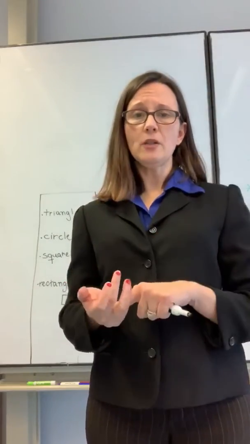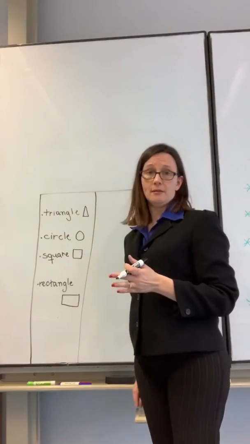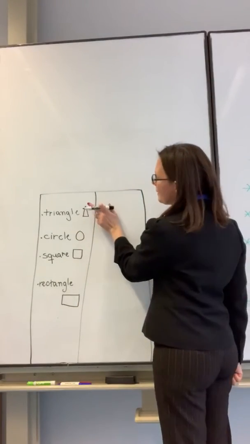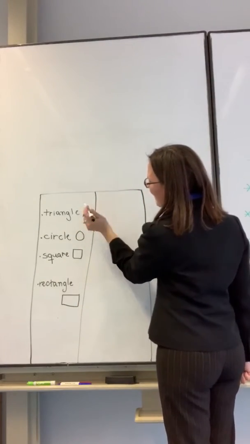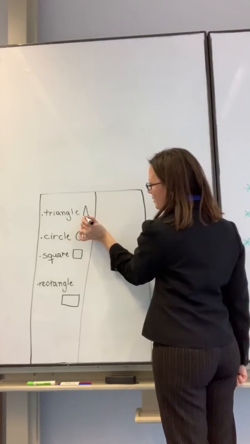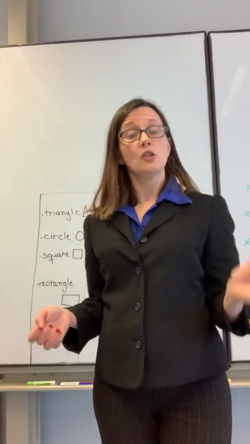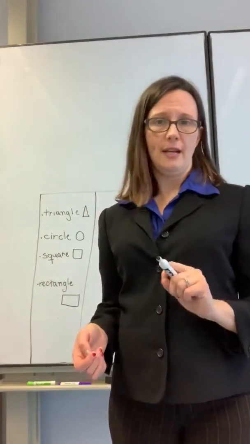And you would explain to them that a triangle has 3 sides. Every time a line of the triangle touches another line of the triangle, that makes 1 side, 2 sides, 3 sides. Circles don't have lines, so circles do not have sides.